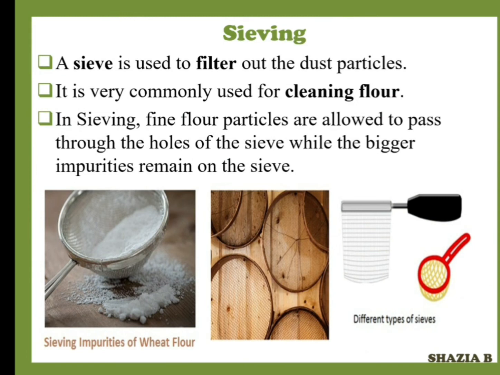The advantage is that it is effective in separating tiny particles, but not too tiny particles. That is, if the flour contains impurities exactly the size of the flour, we cannot use this process to separate them, as both the flour and the impurities will pass through the sieve. So it is effective in separating tiny particles, but not too tiny particles.